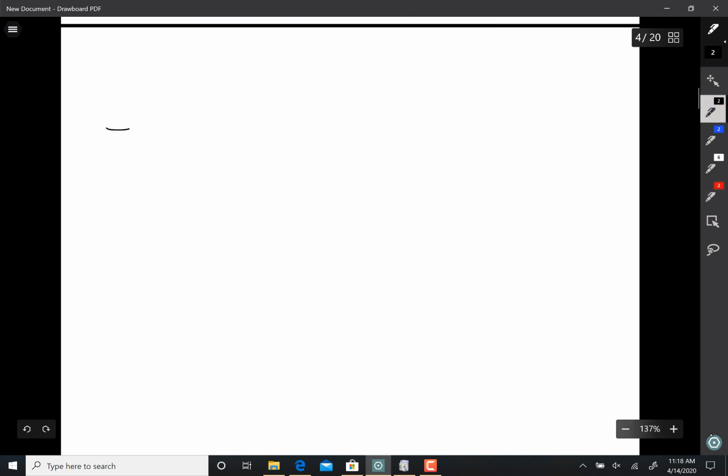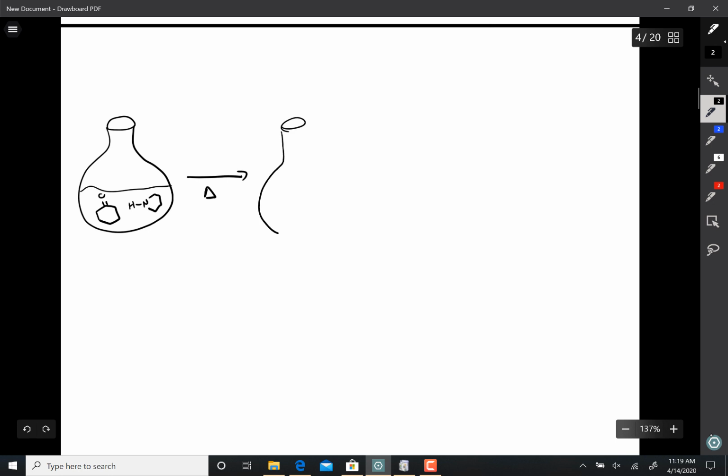So typically what happens is you have your round bottom flask and you throw in your ketone and your amine and you heat it up and you distill out water, and then you have basically this in some solvent, and you always have a little bit of leftover amine. And then you never truly isolate the enamine.